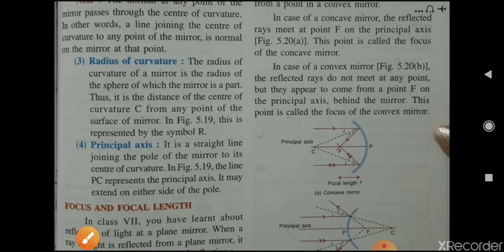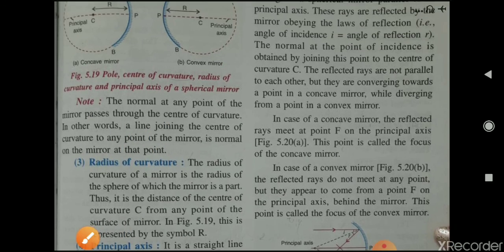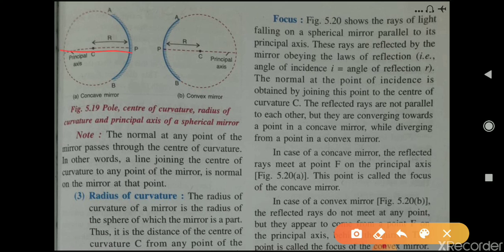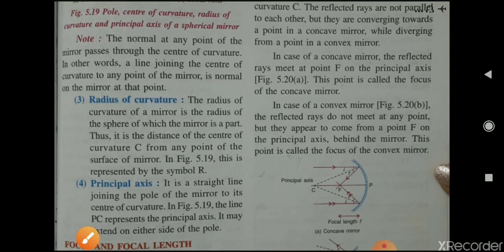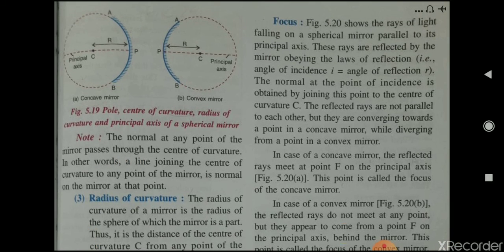Now principal axis. It is a straight line joining the pole of the mirror to its center of curvature. Here you can see these lines, in the case of convex and concave mirror, are the principal axis. The line PC is the principal axis in this figure.